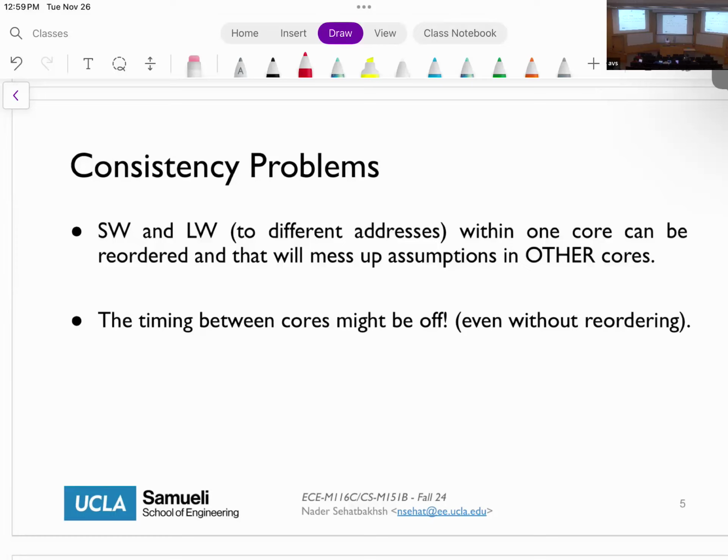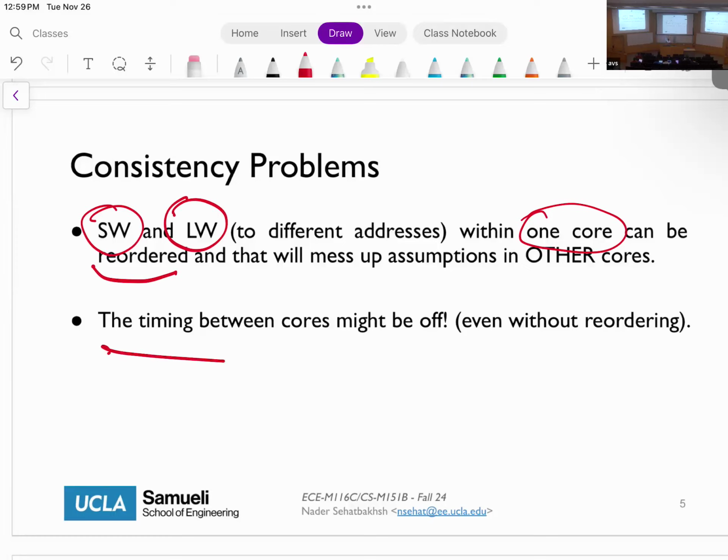One is that stores and loads within one core might be reordered because they are different addresses, so they're not dependent on each other. The load store queue and/or the compiler might decide to reorder these things, and that will cause a problem.